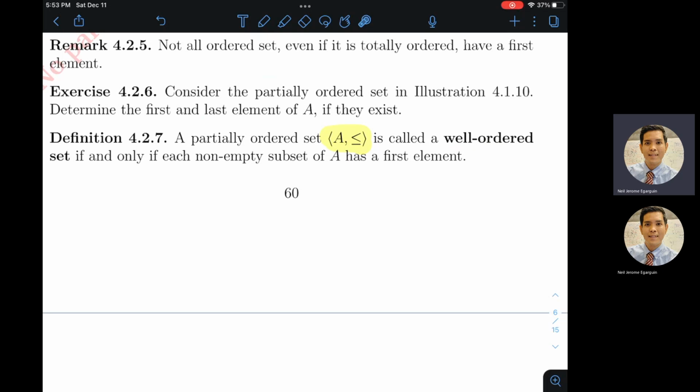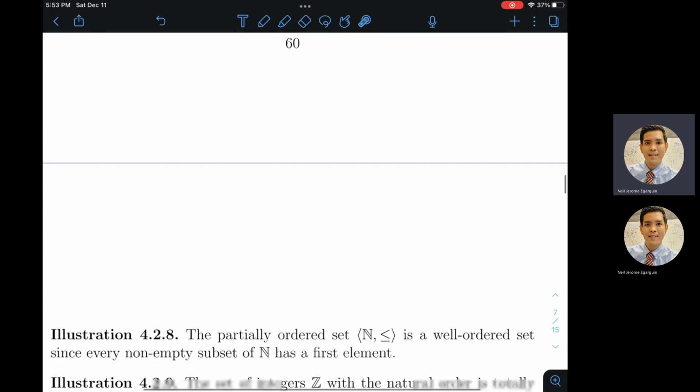Kung may first element sila, okay. But having simply a first element doesn't guarantee being well-ordered. Kasi ang kailangan natin para maging well-ordered, dapat lahat ng non-empty subset ni A ay may first element with respect to the given partial order. All right?